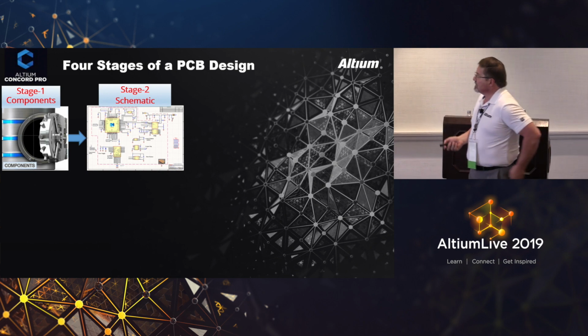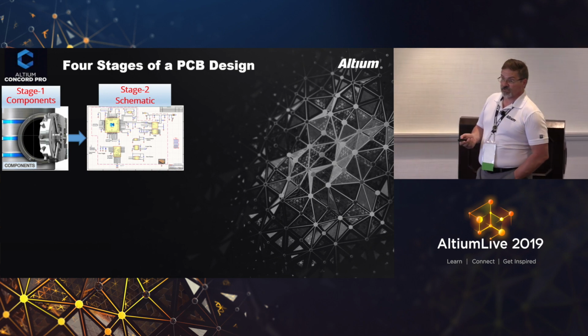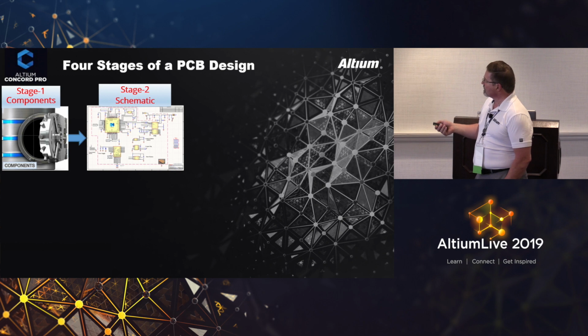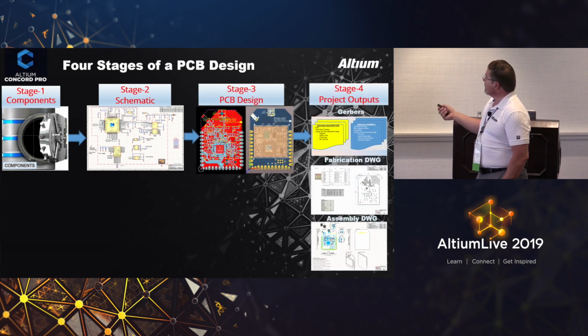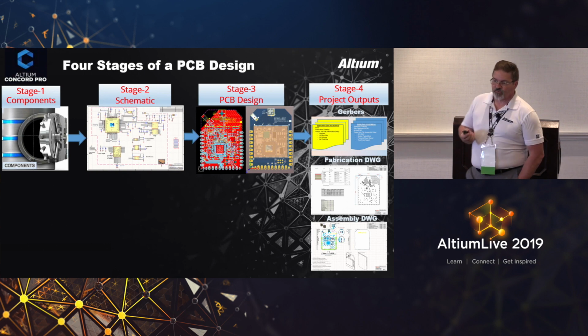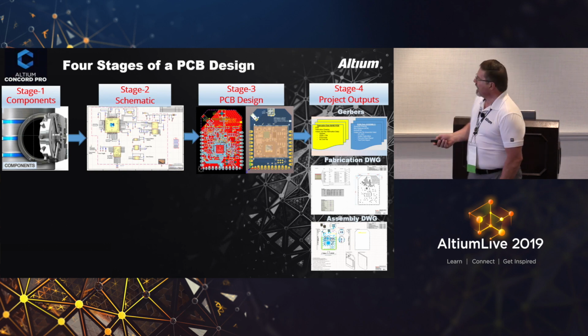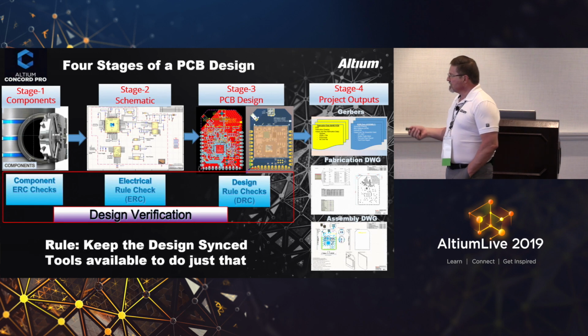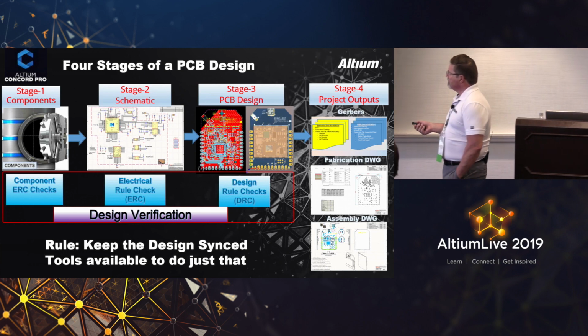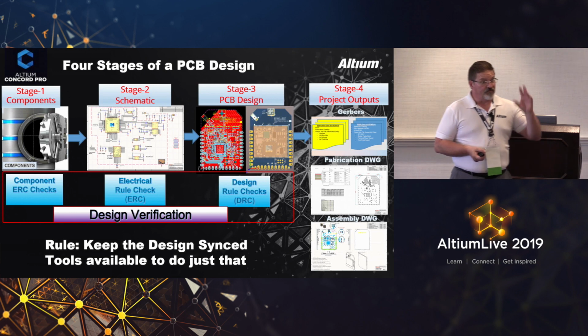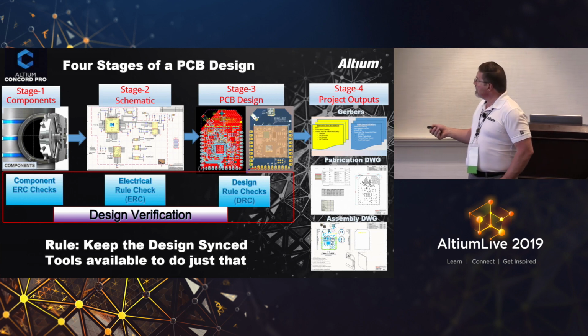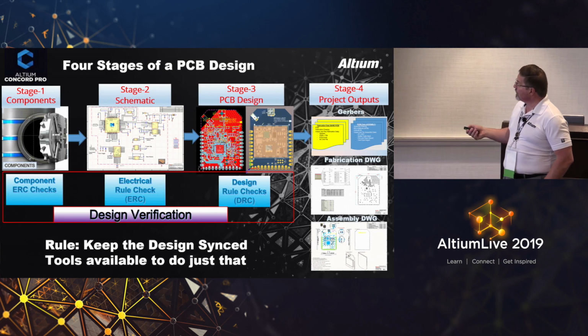So the second stage is your schematic. Most of us know this. Then your placement of your components down into your PCB and into your output job files. That's your 4 stages, and there are actually design verifications for each one of these stages. Keep in mind, you have an initial input, which has an output.